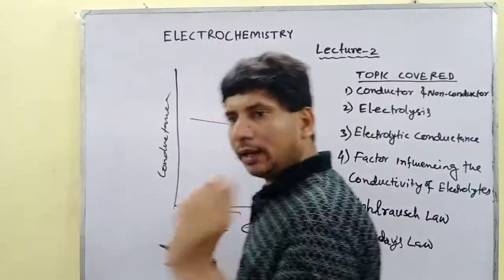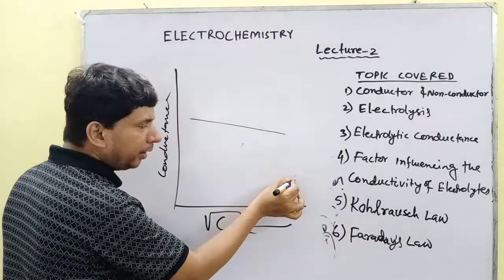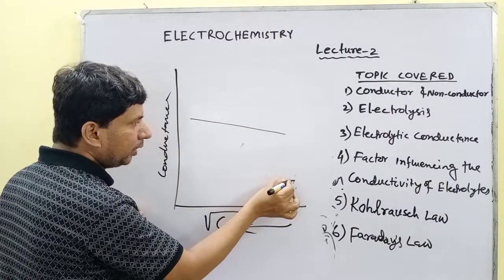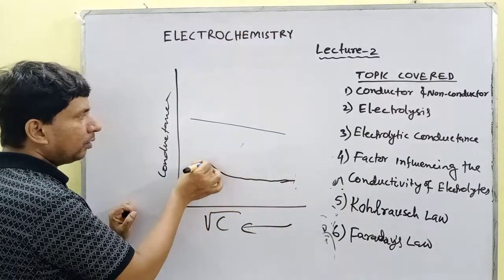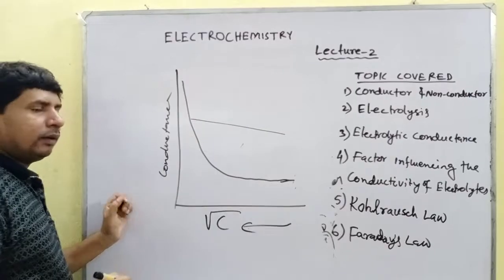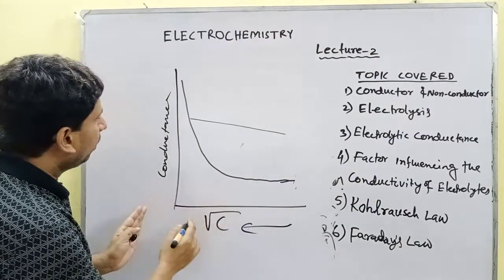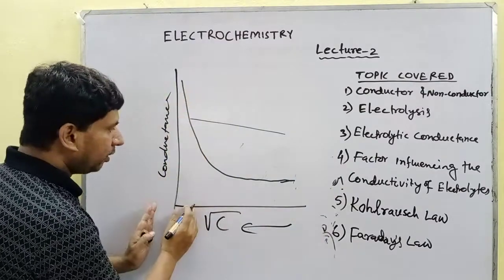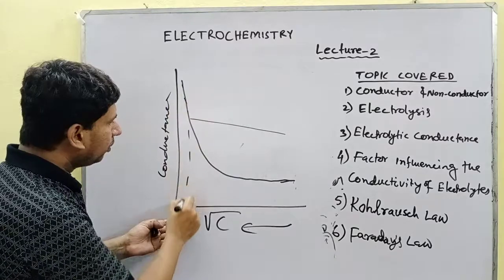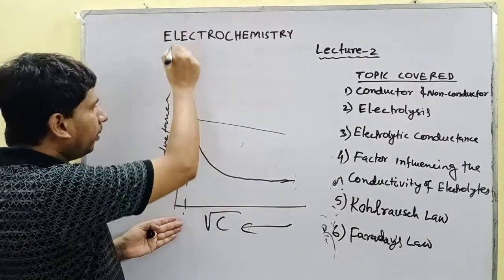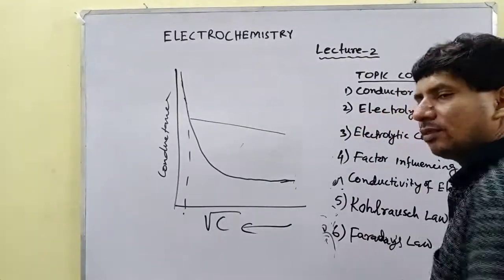But for weak electrolyte, initially the conductance increases slightly, but when it is very dilute, that position is known as infinite dilution. At infinite dilution, the conductance is highly increased, that is a jump of the conductance.